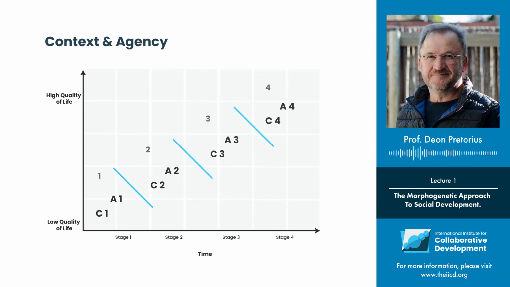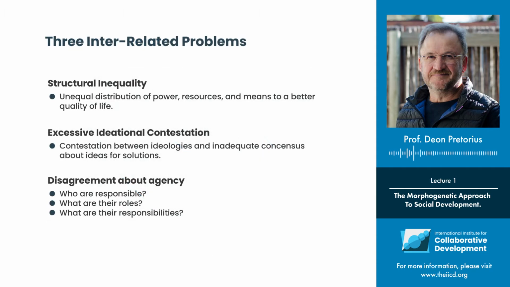Using the morphogenetic approach, I argue that one can detect three interrelated problems or dilemmas in the South African societal system. The first is structural inequality. This refers to the unequal distribution of power, resources, and means to a better life.